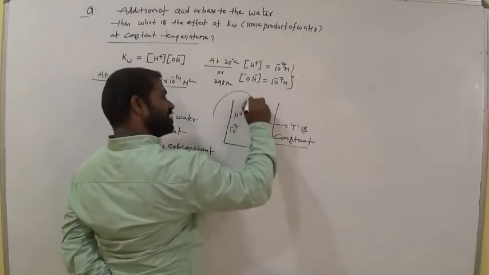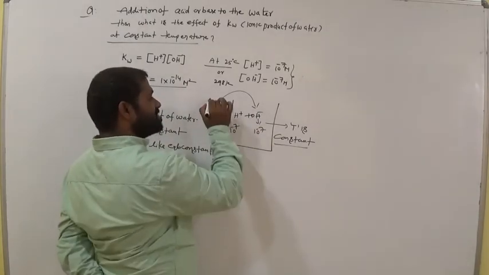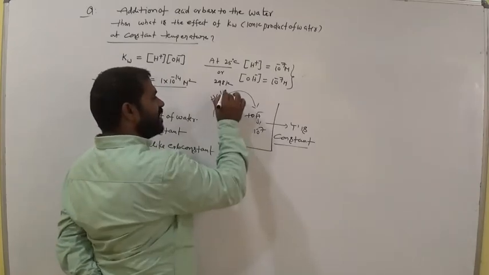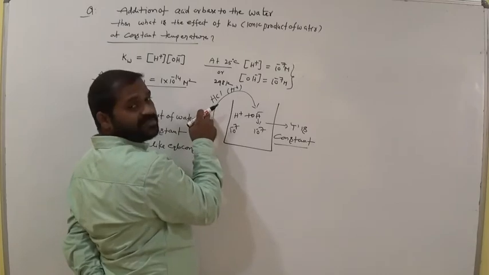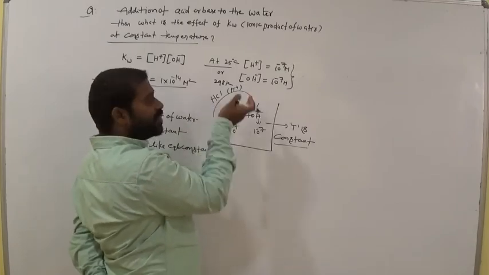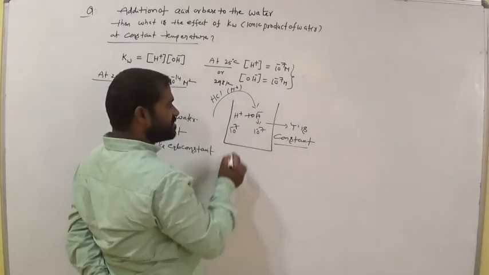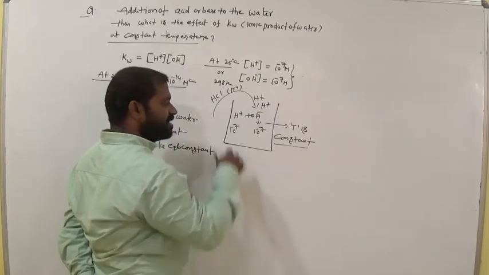Now we add to this water, where H plus and OH minus are present, some HCl, suppose an acid. What are the ions present in HCl? H plus. Acid means it can donate H plus. So addition of HCl or acid means we add a number of H plus into the solution.